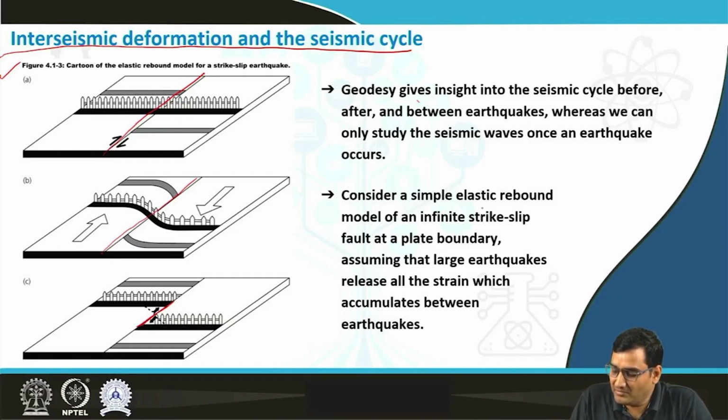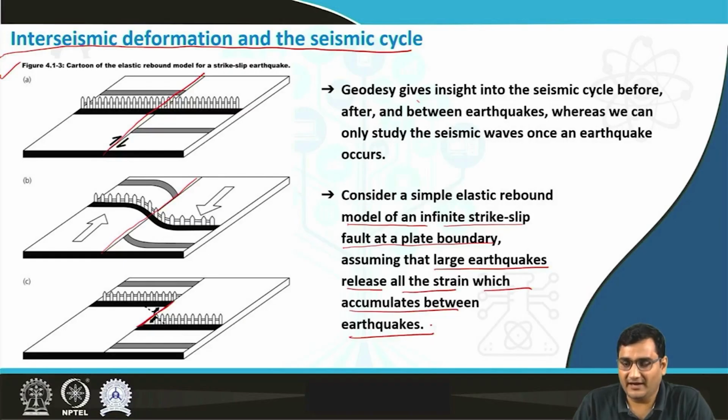Consider a simple elastic rebound model of an infinite strike-slip fault at a plate boundary, assuming that large earthquakes release all the strain which accumulates between the earthquakes. As we just discussed, the far field side accumulates the strain, but there is no displacement at the fault. Once the co-seismic motion occurs, the material near the fault catches up with the far field motion, and the displacement at the fault becomes equal to the far field motion.